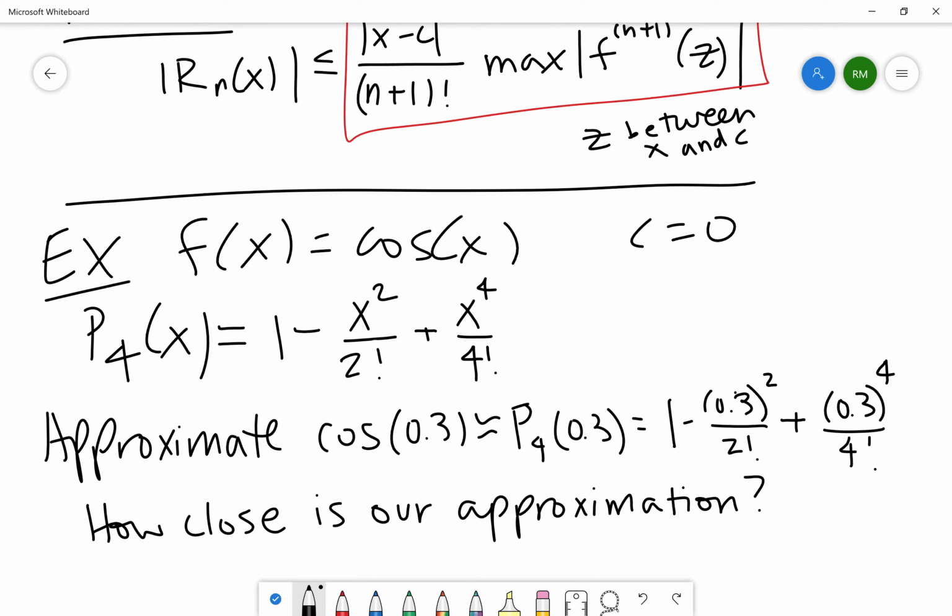Well, we can use the remainder theorem to tell us this.